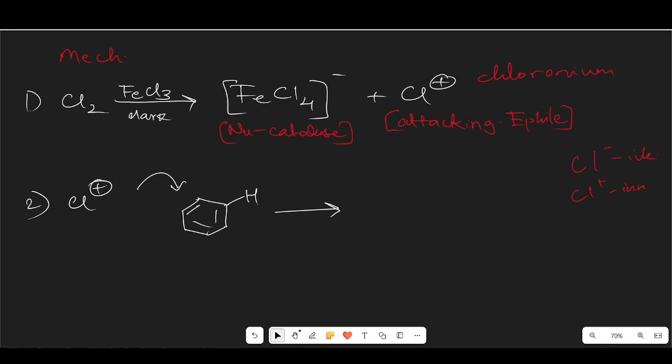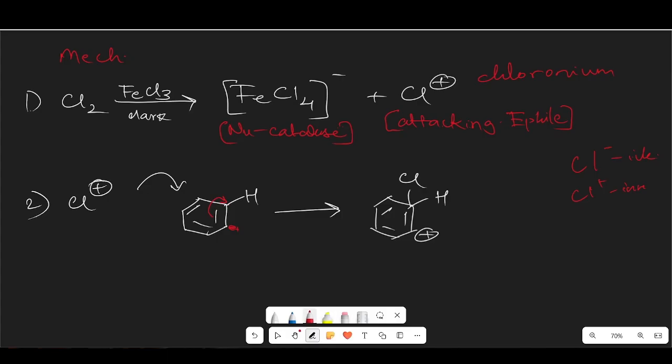So, in the next step, what happens is that this pi bond transfers here, and there's a vacancy created here. Now, this is the arenium ion that I talked about earlier.